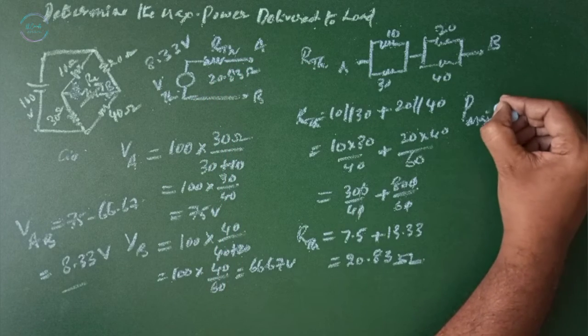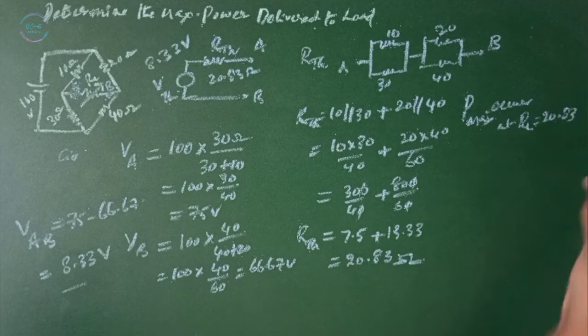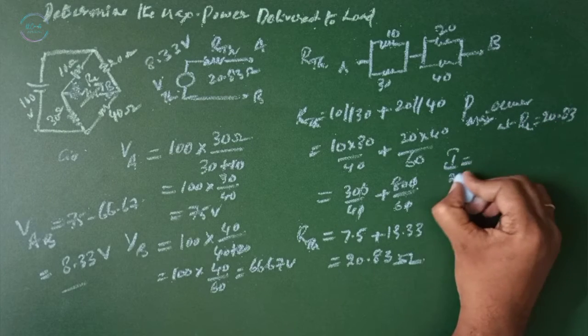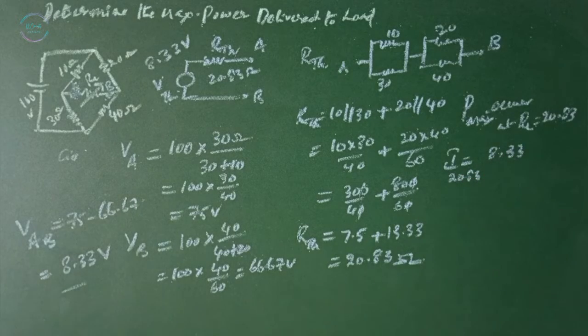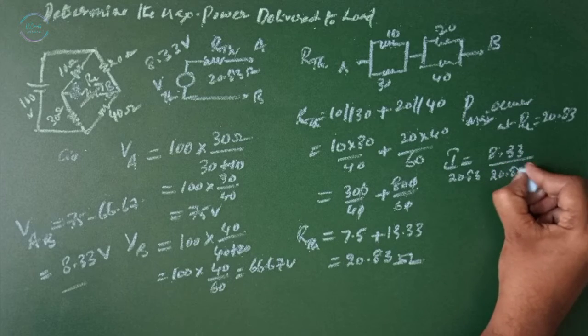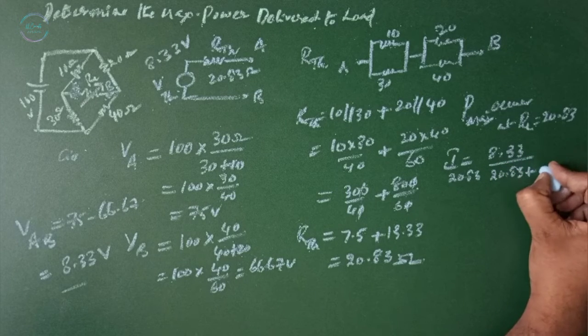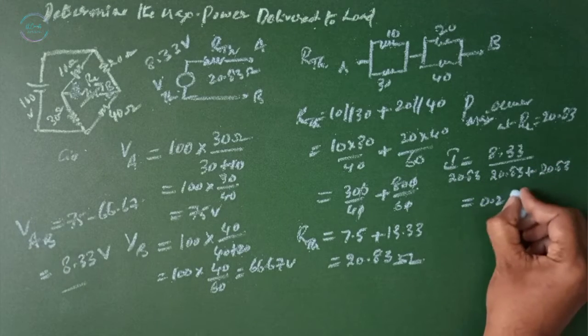The maximum power occurs at RL equals 20.83. Then the current I through the load 20.83 is given by 8.33 divided by the total resistance, that is Rs plus RL, again 20.83 plus 20.83, which equals 0.2 amps.